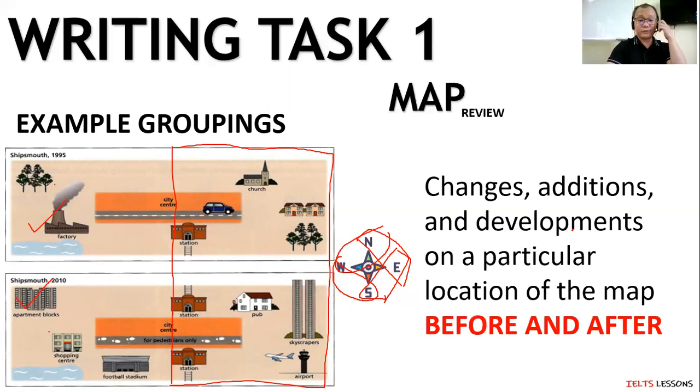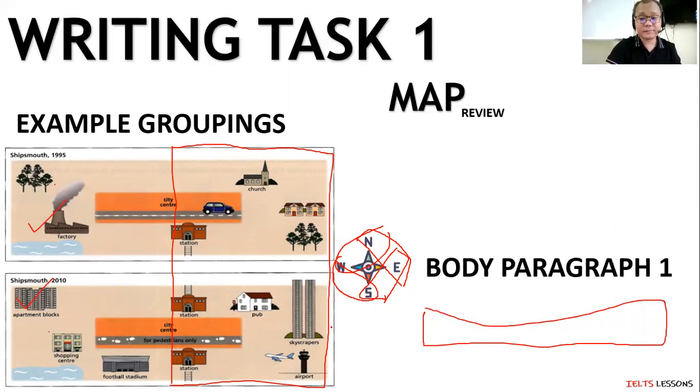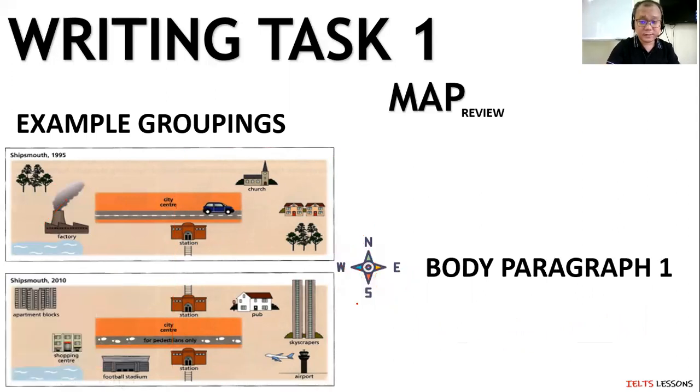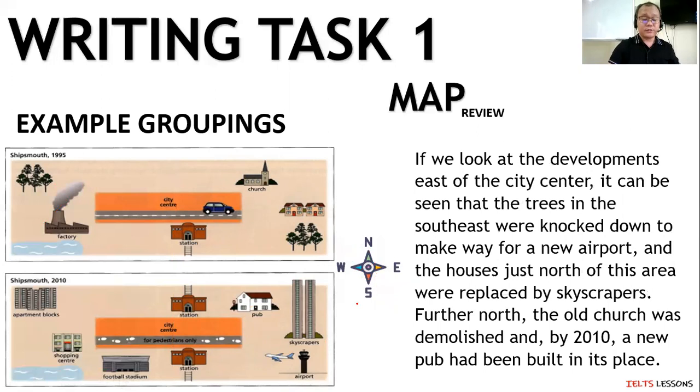So we have to do the changes, additions, developments on a particular location of the map, as I've said, before and after. That's clear? So let's have an example here.